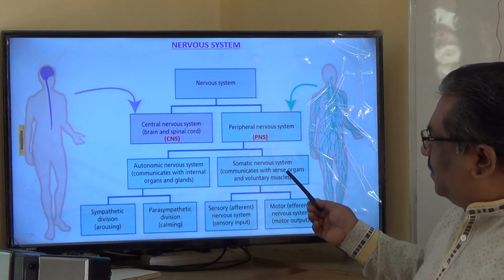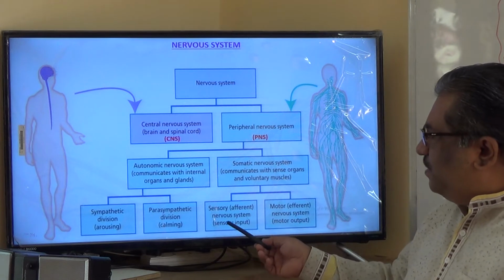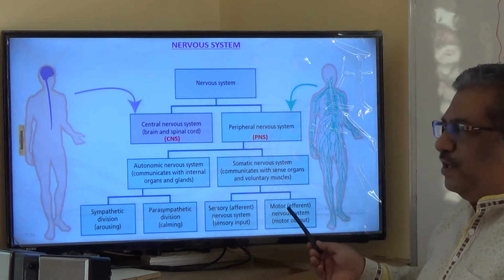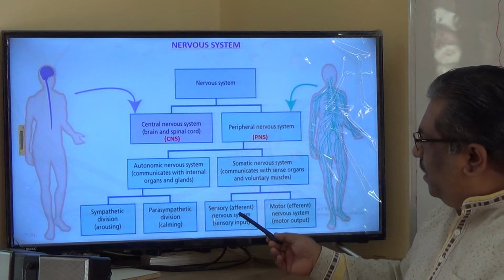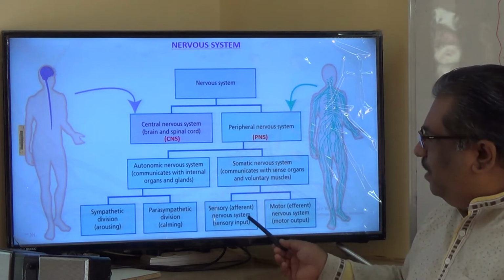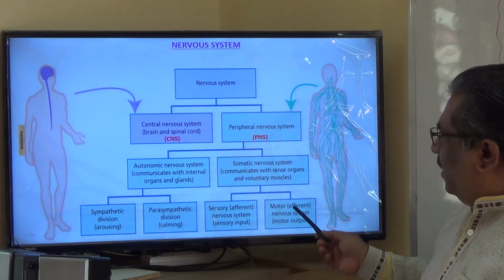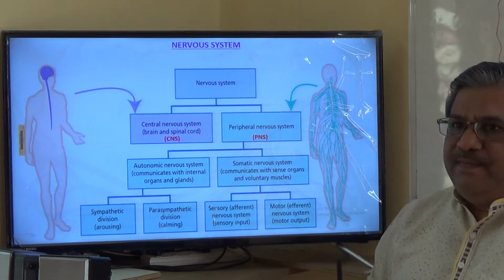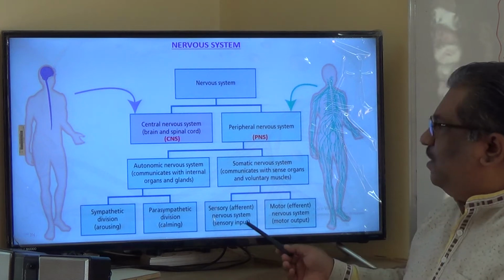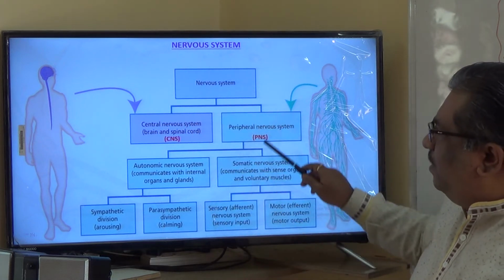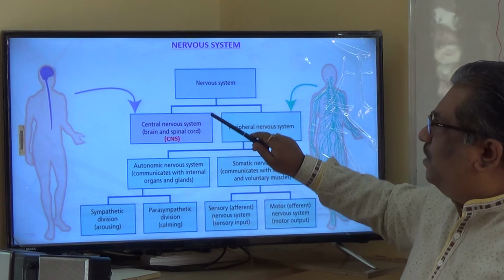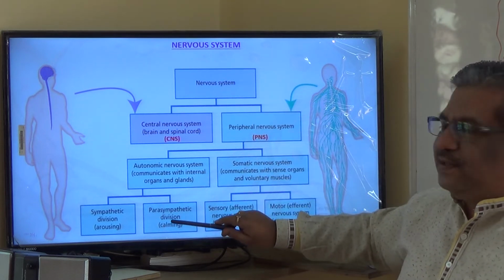In the somatic nervous system, you have the sensory nervous system and the motor nervous system, also called afferent and efferent. Afferent refers to the sensory part and efferent refers to the motor part. What are these sensory and motor parts? We'll see later, but for the time being, understand the terminology of the classification of the nervous system.